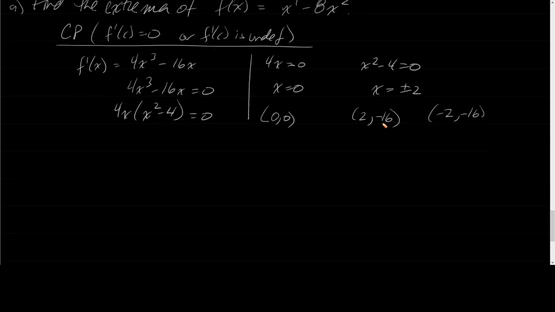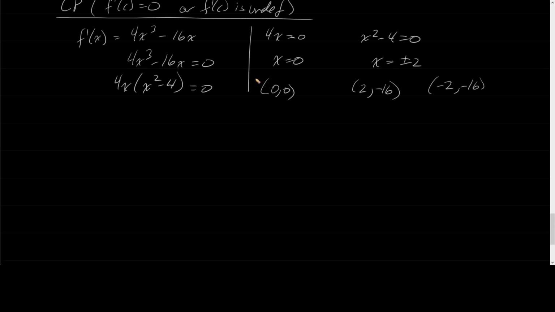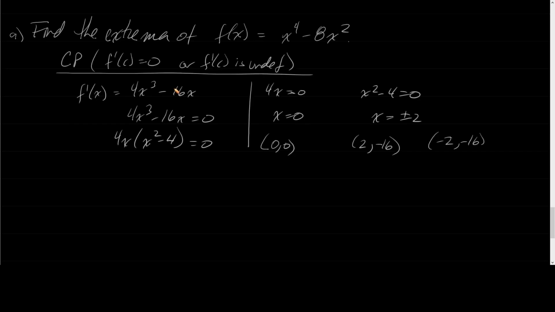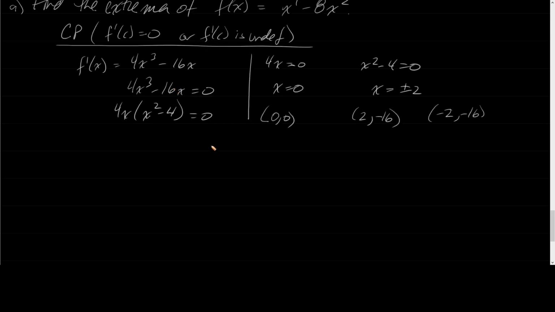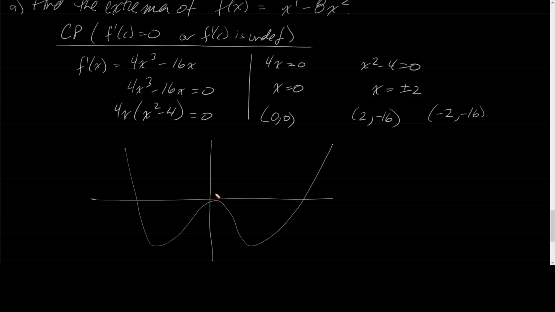Now let's look at the visual to this so you can see how this makes sense. That original function, x to the 4th minus 8x squared, looks as follows. Something like that, right? Let's make that look a little bit better. There we go.